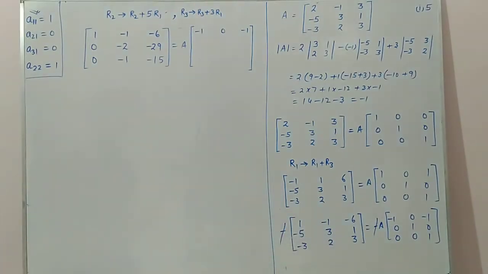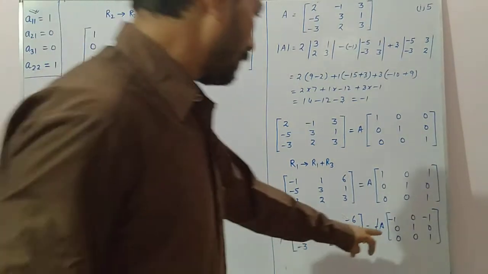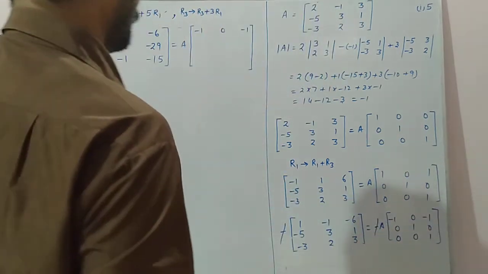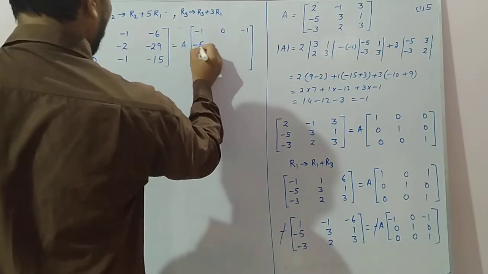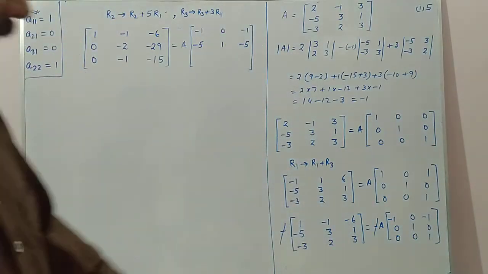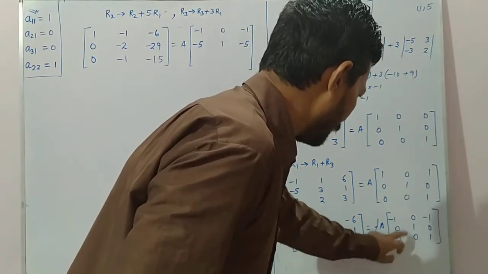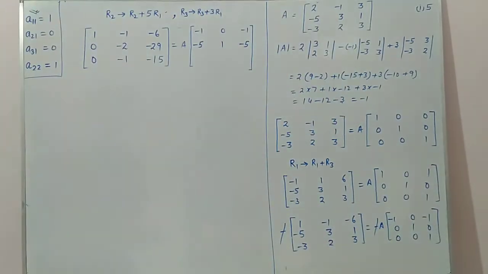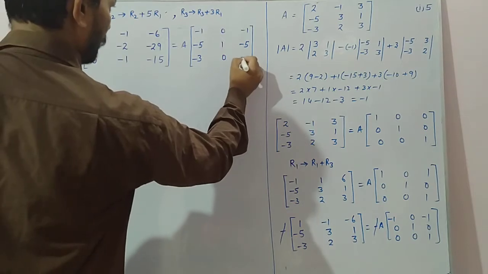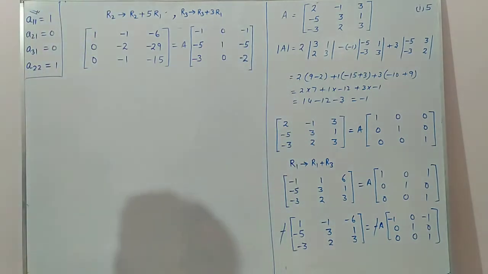Okay. Second row is R2 plus 5R1. So this will be minus 5, 1, minus 5. R3 plus 3R1, so minus 3, 0, minus 2. So you are getting 1 minus 1 minus 6, 0 minus 2 minus 29, 0 minus 1 15.